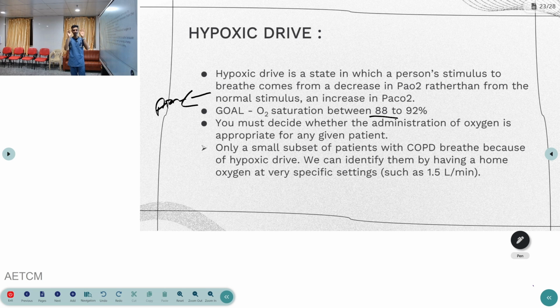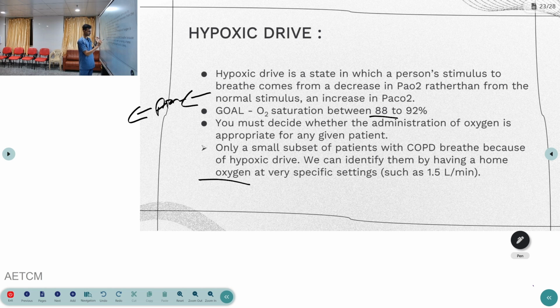Your breathing center will think there is no need of further oxygenation, no need of further stimulation. So the brain will easily go to apnea. That is a worsened condition if you are administering a high concentration of oxygen in hypoxic drive cases. So we should have the idea of to whom we have to administer oxygen.